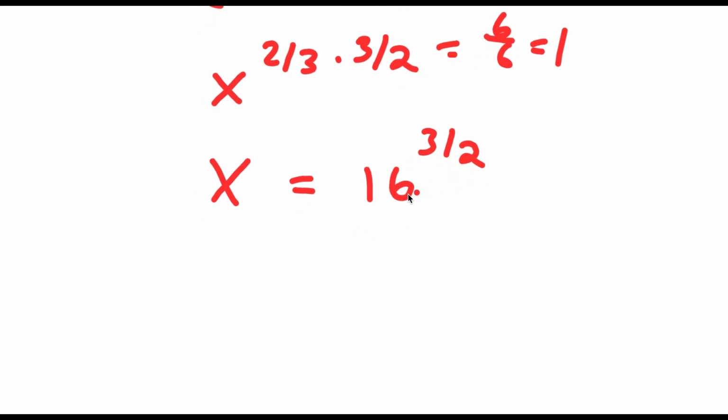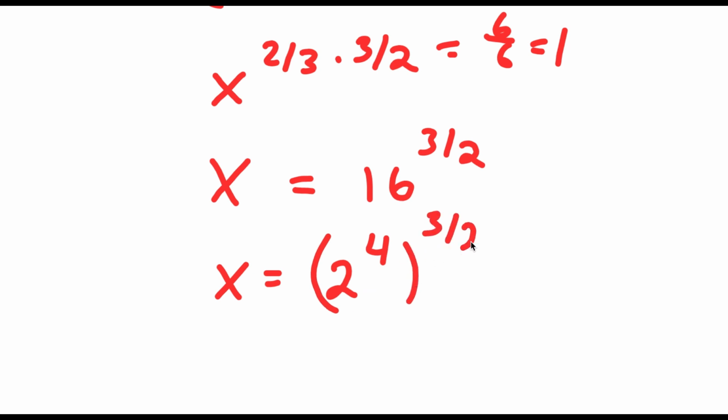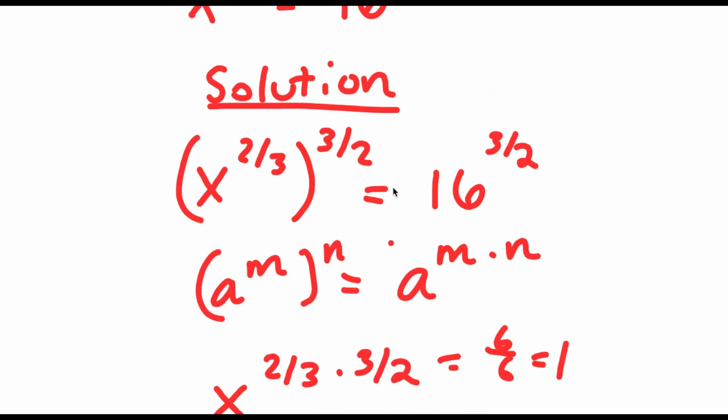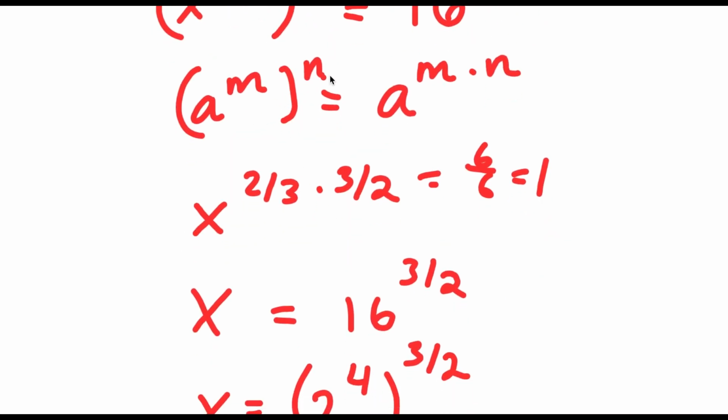Now 16 to the power of 3 over 2, I'm going to replace 16 with 2 to the power of 4. So I have 2 to the power of 4 to the power of 3 over 2. And remember, if I have something in the form a to the power of m to the power of n, this is equal to a to the power of m times n.